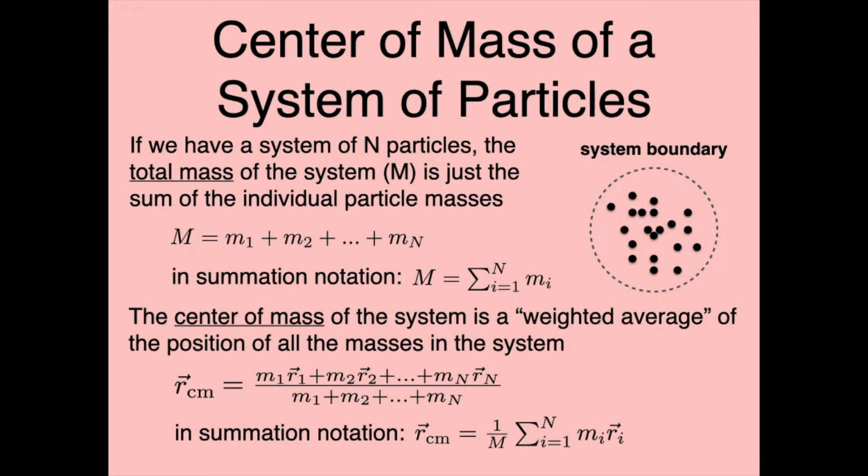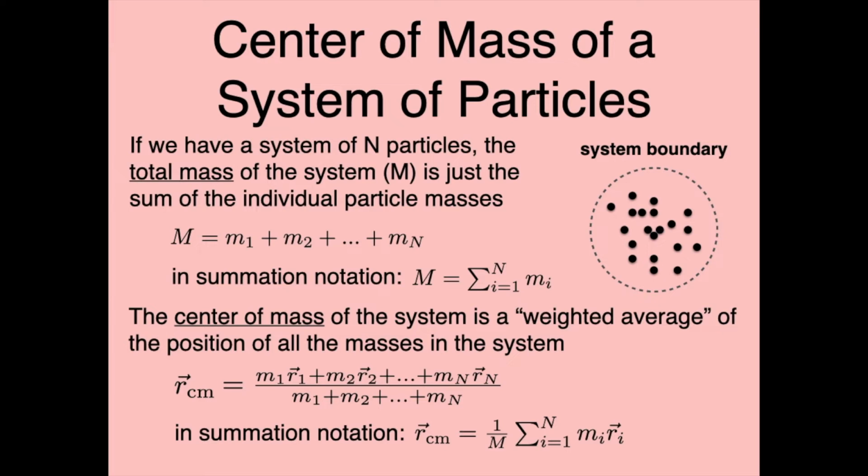So let's now get into how we calculate the center of mass in the first place. We want to go back to the idea of a system of particles. In this picture, we have a system of n particles. What are some things we can say about a system of particles?